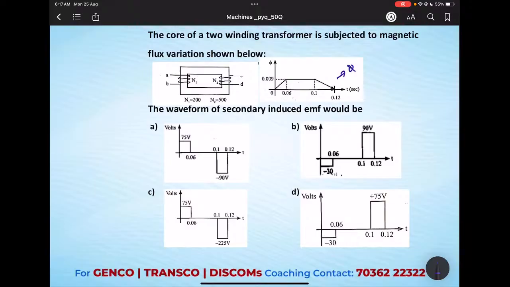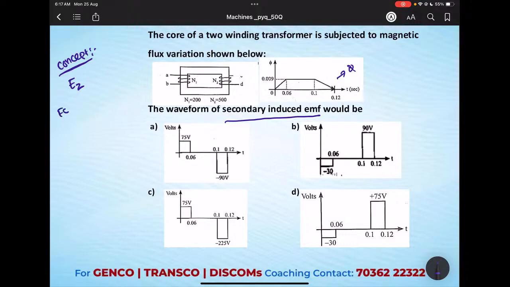What they are asking is to calculate the waveform of the secondary induced EMF. So first we will note down the concept. The concept is about calculation of secondary induced EMF.